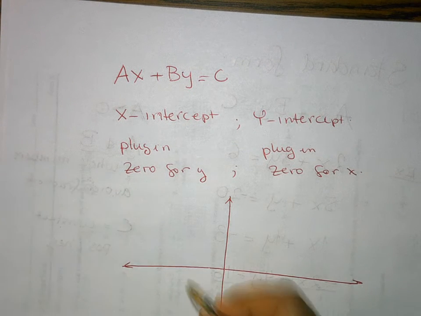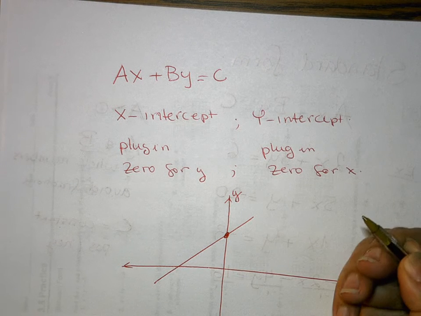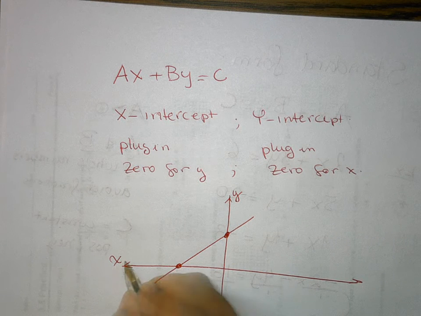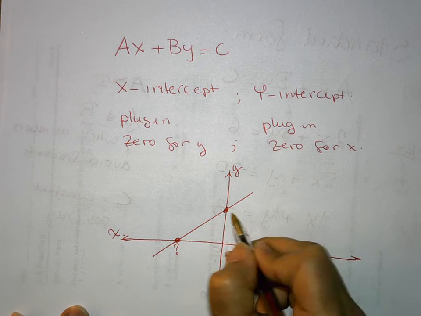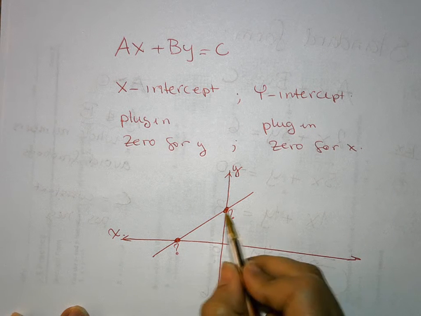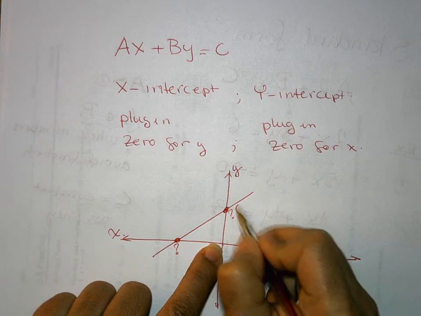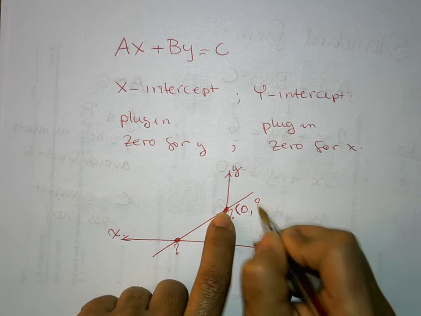I'm not going to even put an equation, but here we go. I touched the y-axis. This is my y-axis. And I touched the x-axis. Here we go. This is my x-axis. So I want to find out what value is this and what value is this right here. And the only way to find this value over here is if I plug in a 0 for x, because that's what this coordinate here is: 0 for x and something for y.